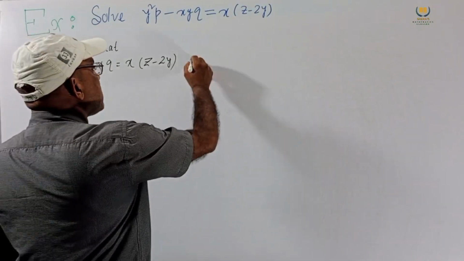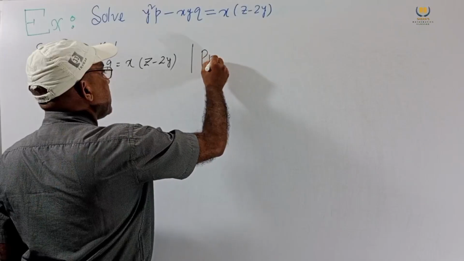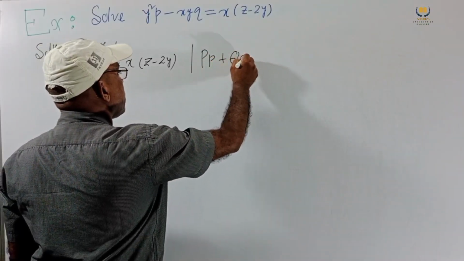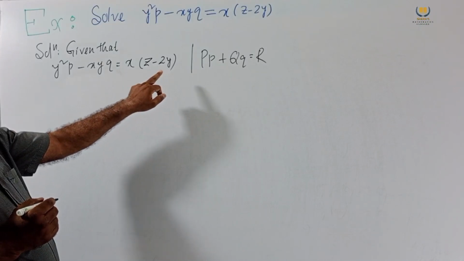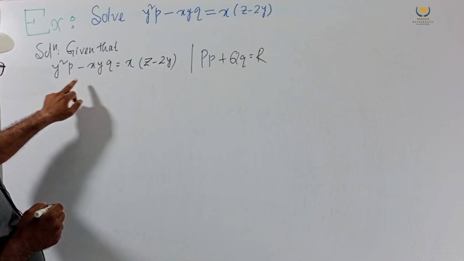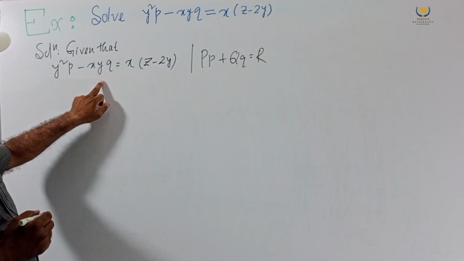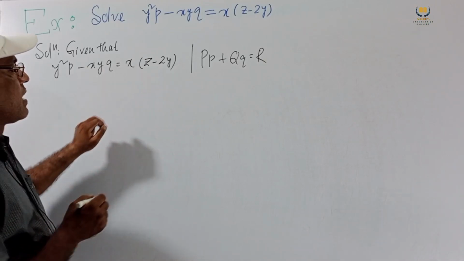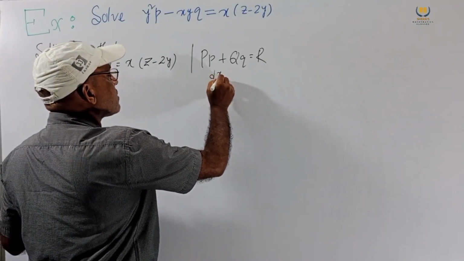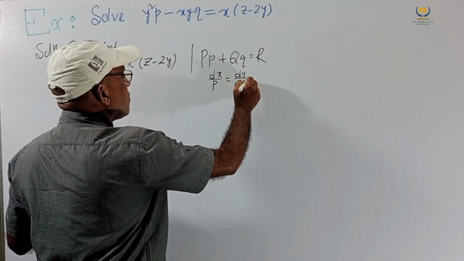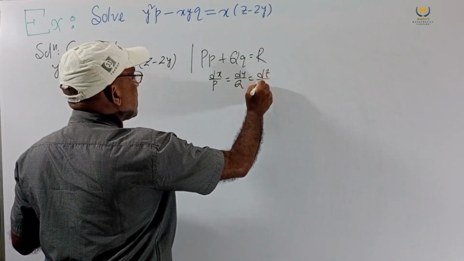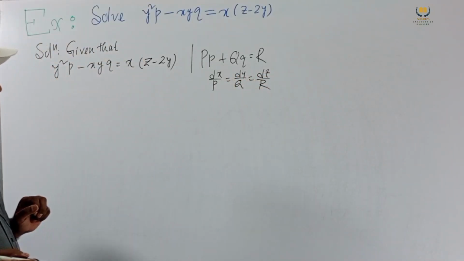But our main equation is Pp plus Qq equal to R. Then this is capital P, this minus xy is capital Q, and this whole is R. At a time the auxiliary equation is dx by capital P, dy by capital Q, and dz by capital R. This is our auxiliary equation.